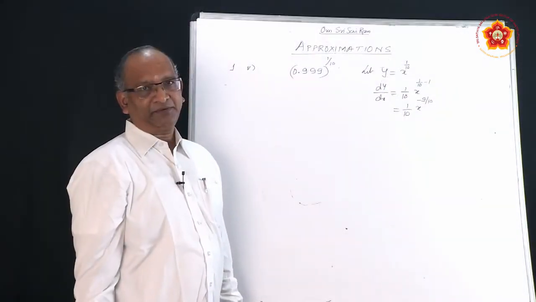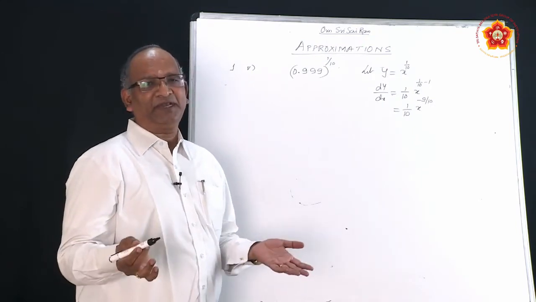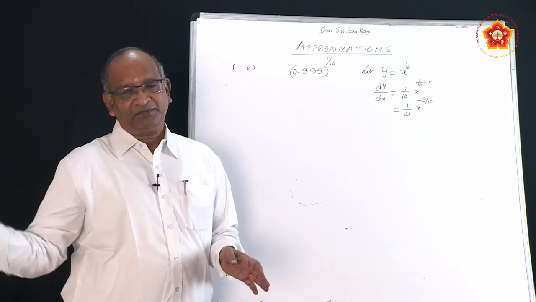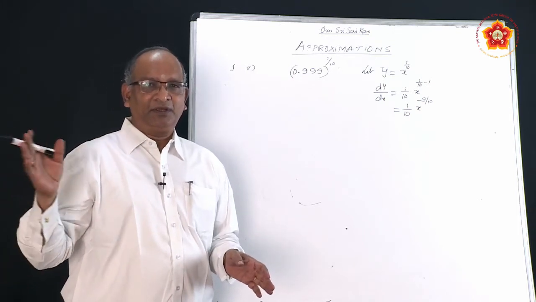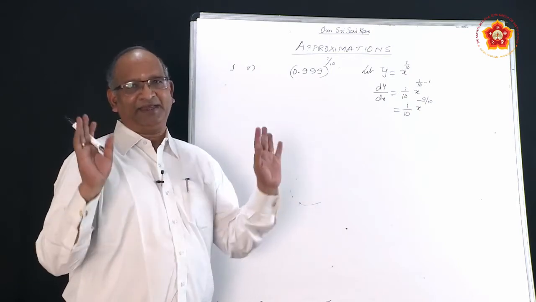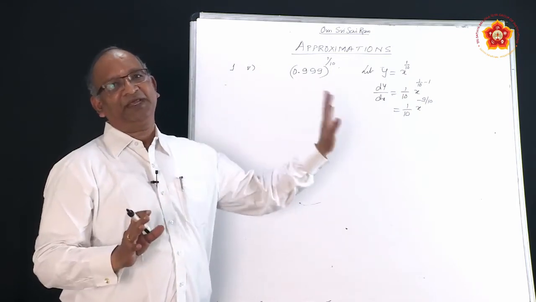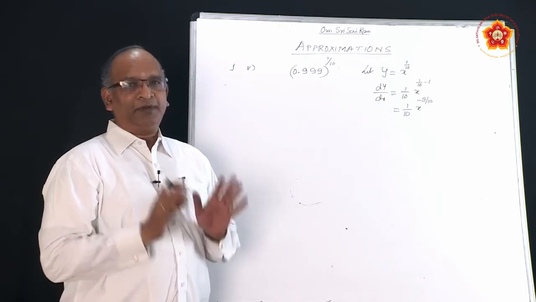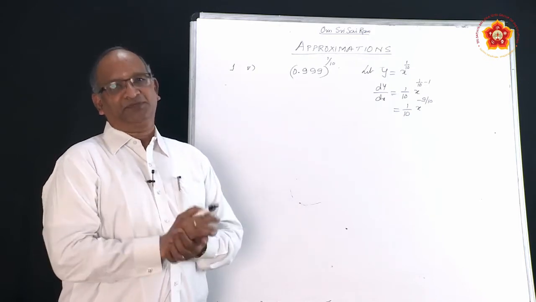That is the derivative. Invariably you have to find out derivative for any problem, right from rate of change, increasing decreasing functions, tangent normal, anywhere, any problem of this particular chapter you will be finding out derivative. So we have found out derivative. Now we have to assume terms.